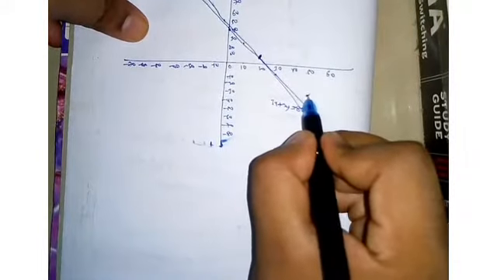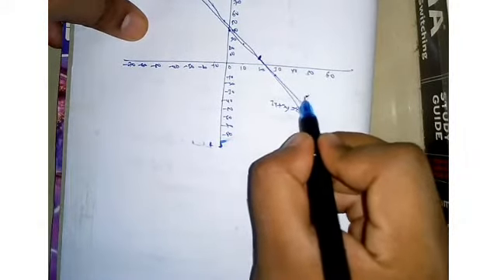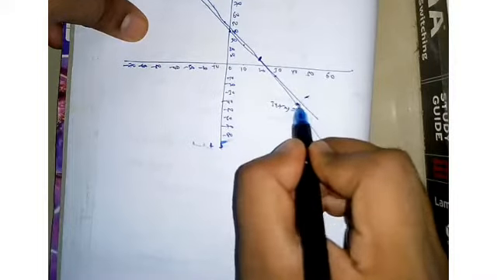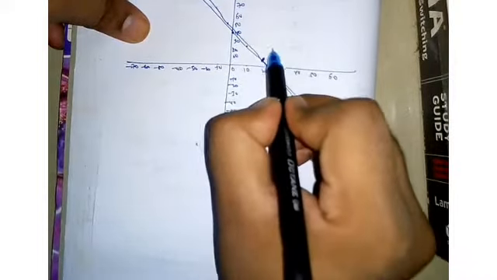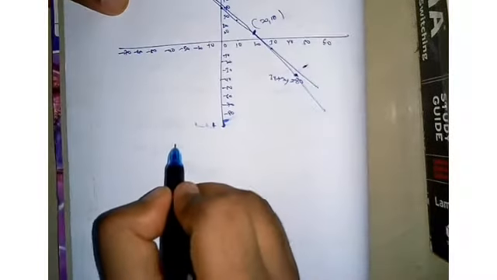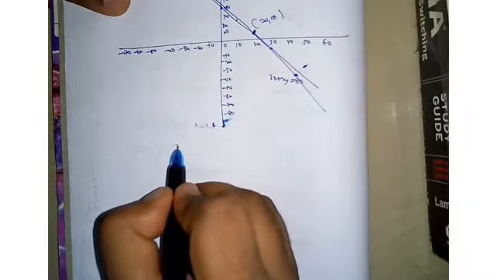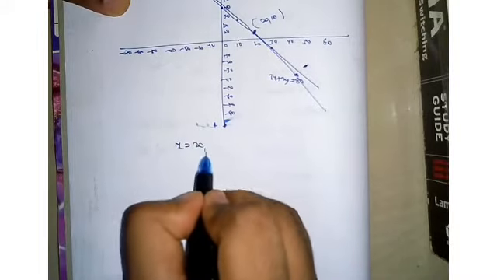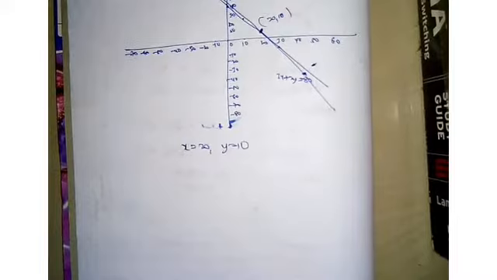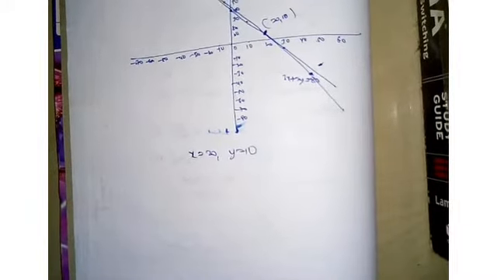Actually this is not an accurate measurement, 50 comma minus 30 will be somewhere here, and these two are intersecting at 20 comma 10. So the solution for this pair of equations is x equal to 20 and y is equal to 10. This is the solution of the first condition.